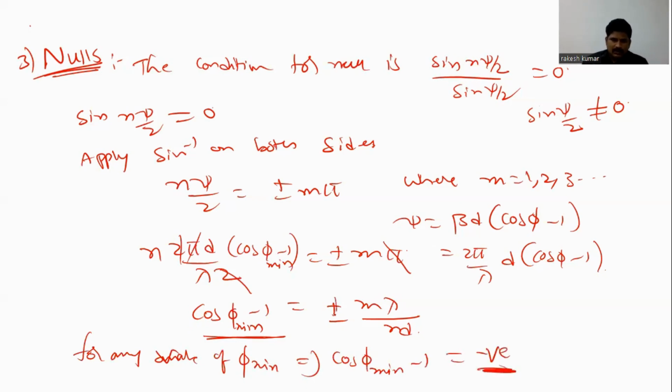So here we have used plus or minus. From this, we can take only the negative values. Therefore, cos phi minus 1 is equal to, instead of plus or minus, we take only minus m lambda by n d.